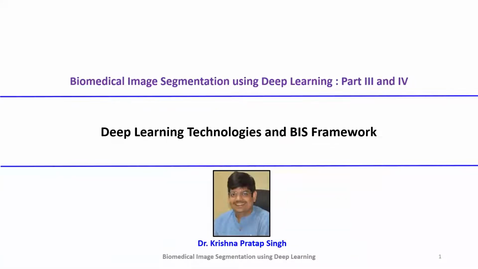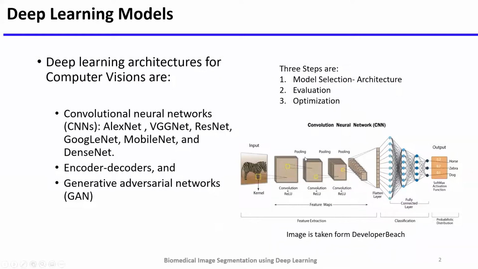Good morning to everyone. Myself KP Singh, and I'm going to cover deep learning and its variants for biomedical image segmentation. To begin with, first I would like to highlight the deep learning part.